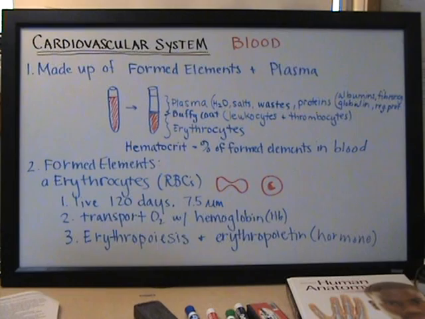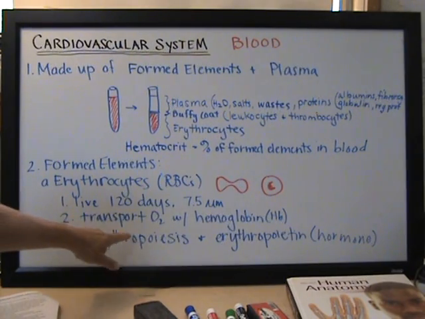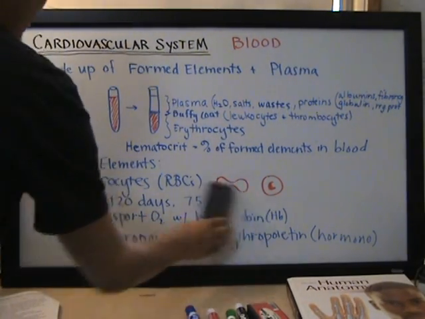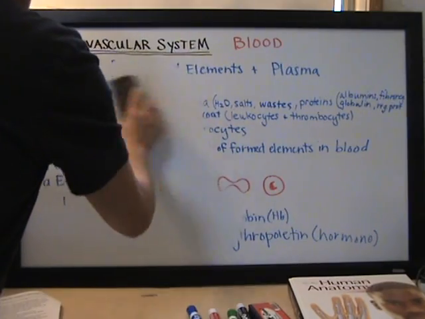Another thing that's illegal, blood doping, is to remove red blood cells way in advance of a race and then re-inject them right before we race. That way, again, we have more red blood cells to transport more oxygen. Now, the downside of that is too many red blood cells makes our blood too thick, and that can cause some problems.